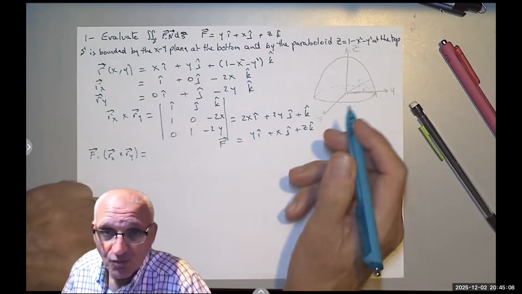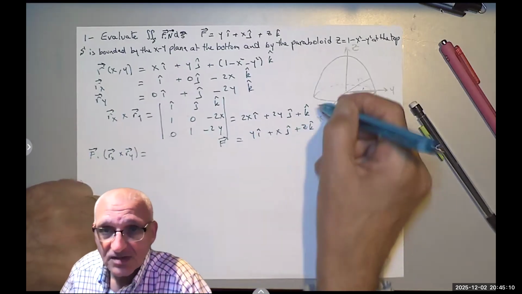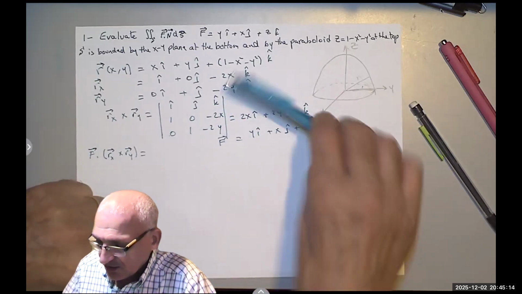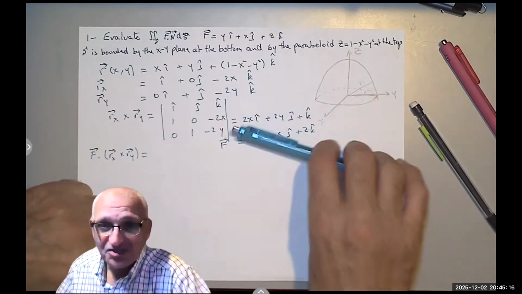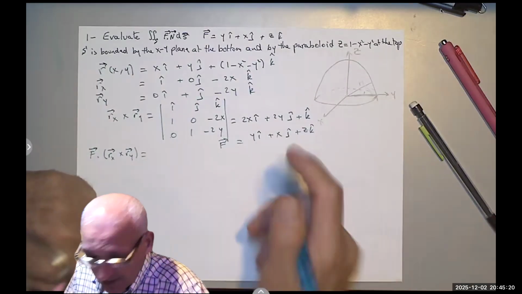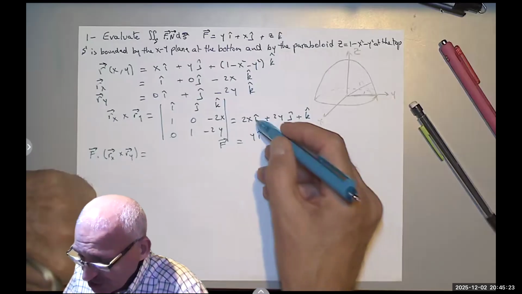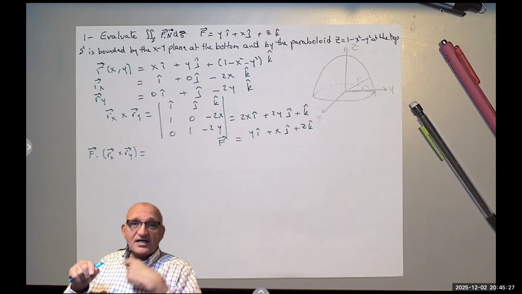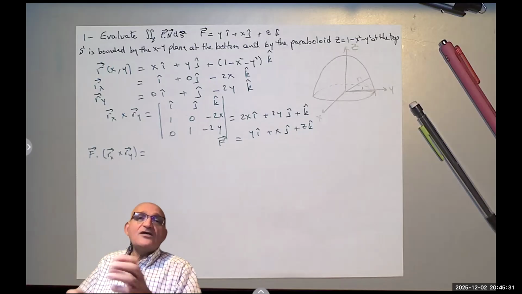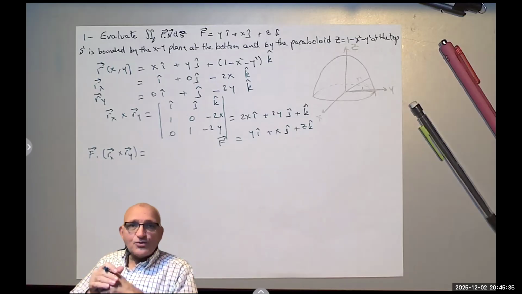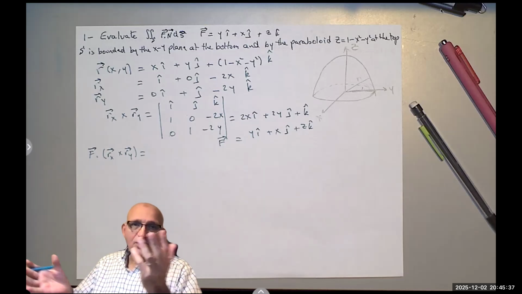Notice i dot i is 1, j dot j is 1, k dot k is 1, and i dot j or i dot k or j dot i or k dot j or anything else is 0, right? By definition, because the magnitude of each one of the i's, j's, and k's is 1. So you say 1 times 1 times the cosine of the angle between them, and all of them are orthogonal. The angle between them is pi over 2, and cosine pi over 2 is 0.